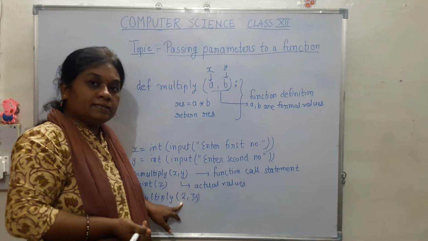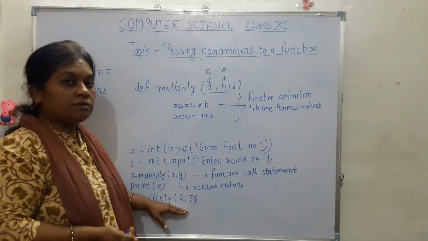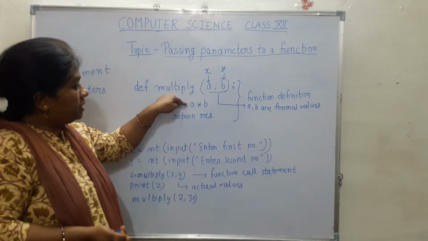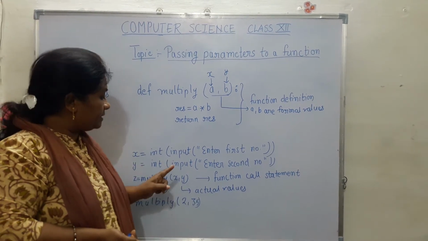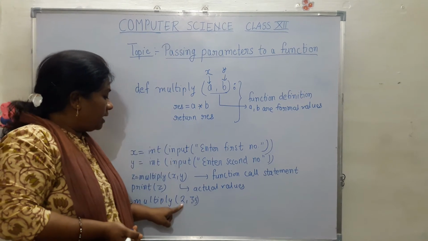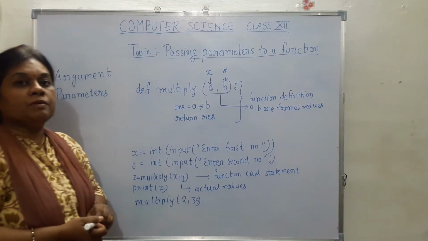This is an integer literal and this is a float literal. These are constant values passed to the function, and their multiplication gets calculated. So we see that variables can be passed to a function, and literals or constant values can also be passed.